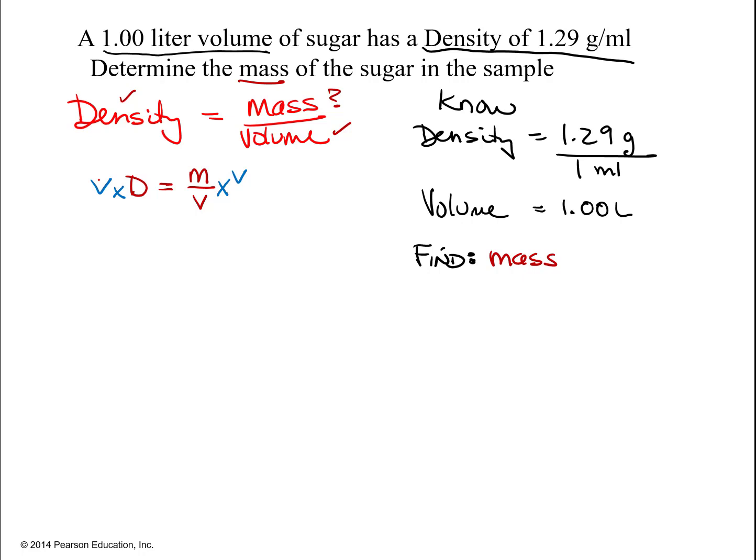It doesn't change any of the other values. But what does it do to my right side? It gets rid of volume. So do you see that V and V will now cancel? Something's in the numerator and the denominator. So volume and volume cancel. So now I actually have my formula. I just take the density times the volume to figure out my answer. Density times volume will tell me mass.